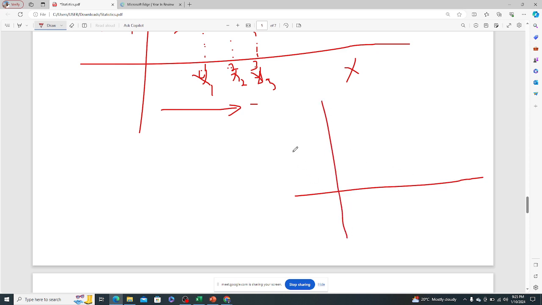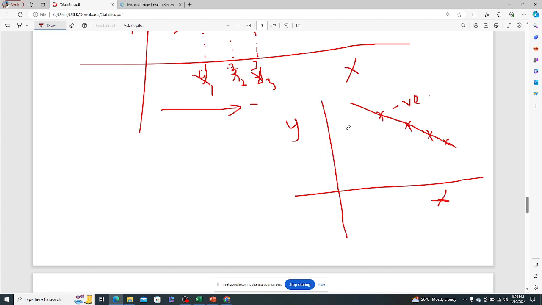What about a negative regression? In this case, as one variable is increasing, the other variable will decrease. For a negative regression, the line always looks like this. This is a negative regression line.